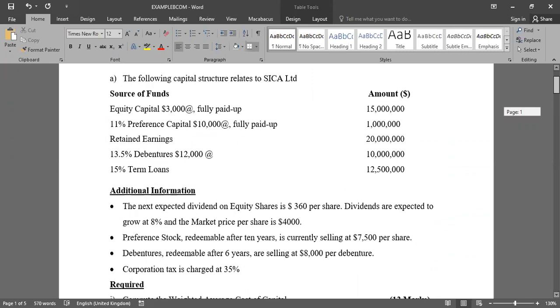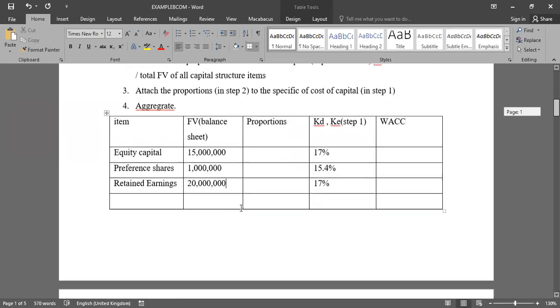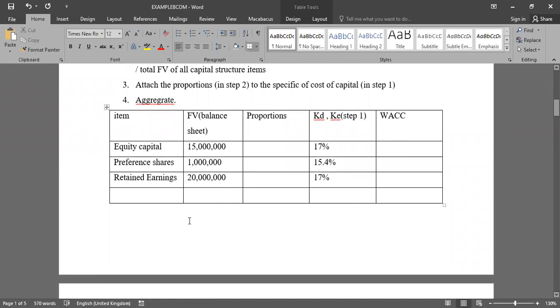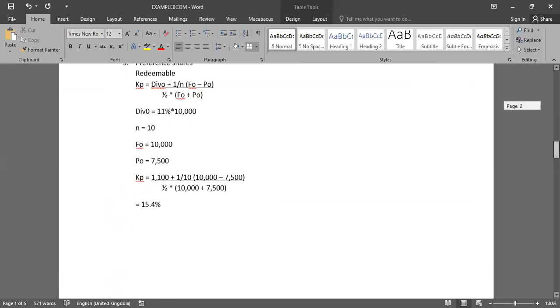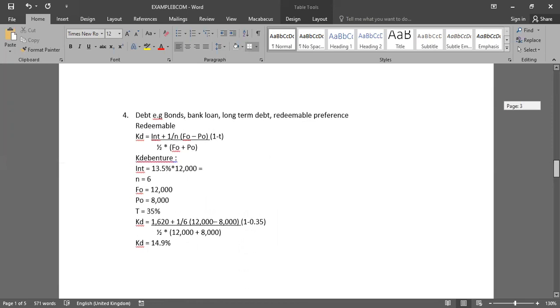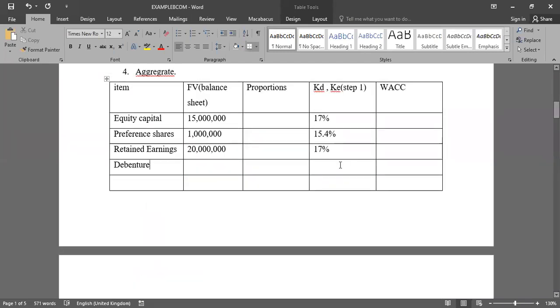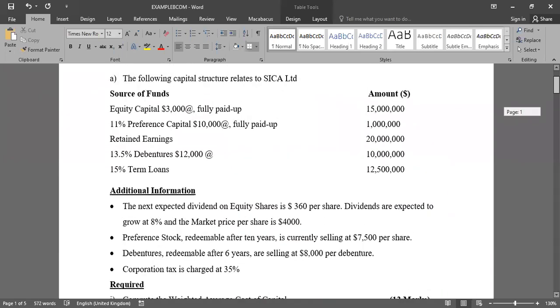We have debentures. For debentures, we had the cost of capital as, let me check, 14.9%. Then the face value will be the normal one, which is 10 million.